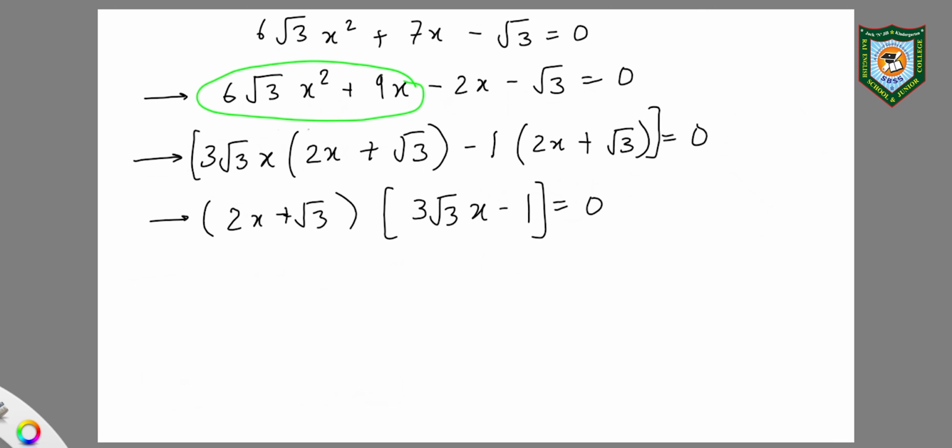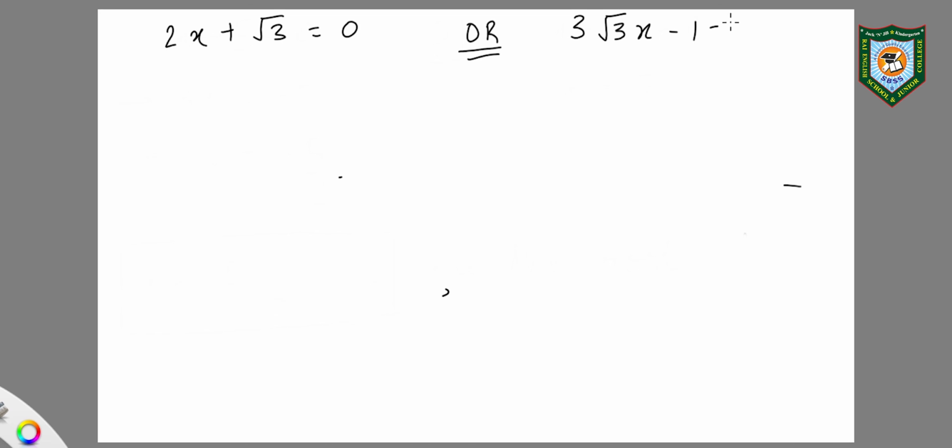That means 2x plus root 3 is equal to 0, or 3 root 3x minus 1 is equal to 0.